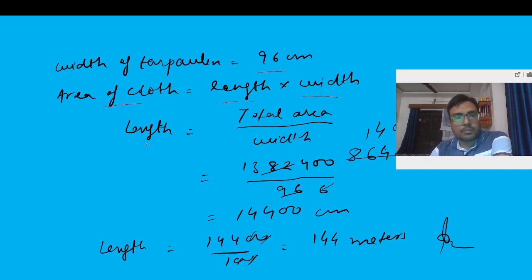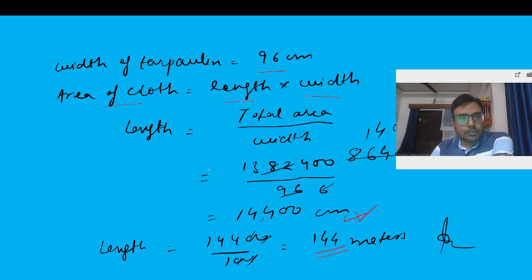So length into width, length will be total area by width. 1382,400 by 96 is the width. So 14,400 centimeter is the length of tarpaulin. Now you have to convert it into meter, divided by 100. So 144 meters of length is required.